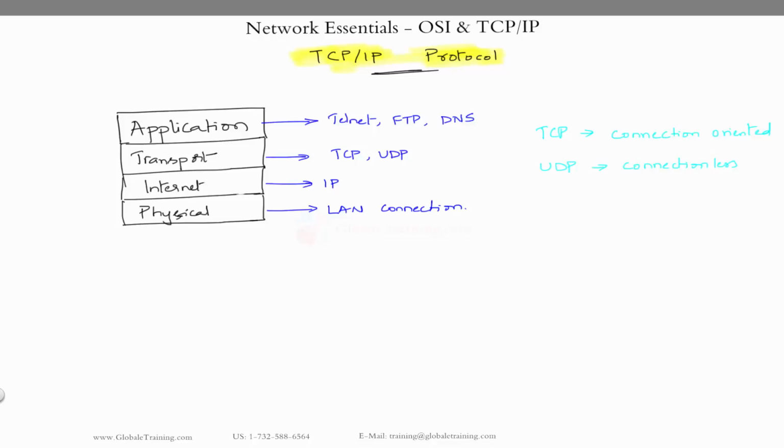Now, at the application layer, the examples I listed here are telnet, FTP, and DNS.